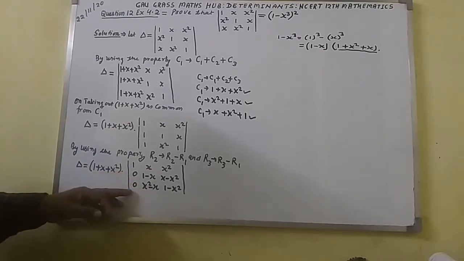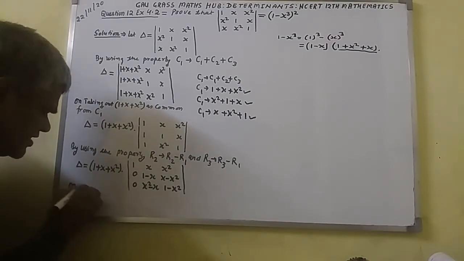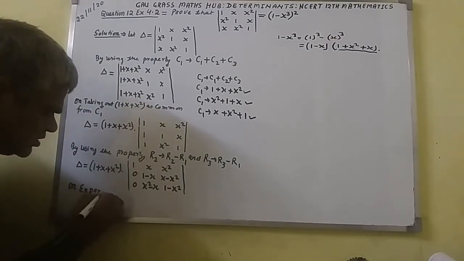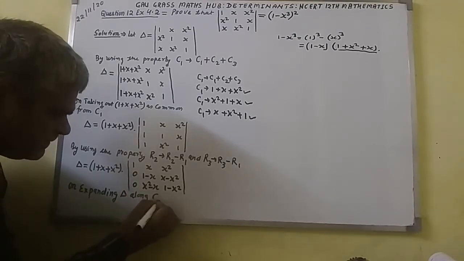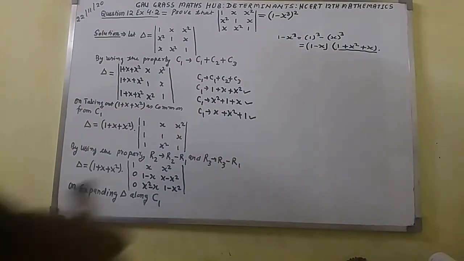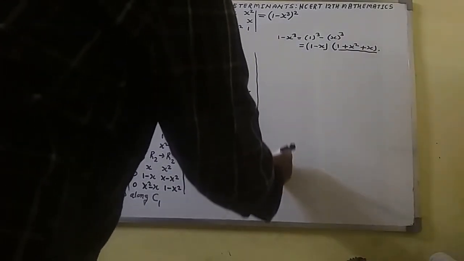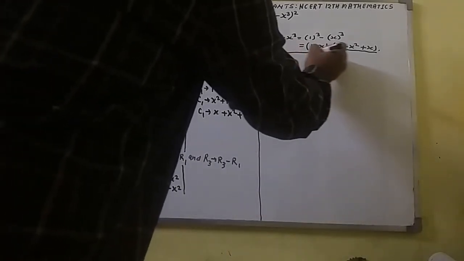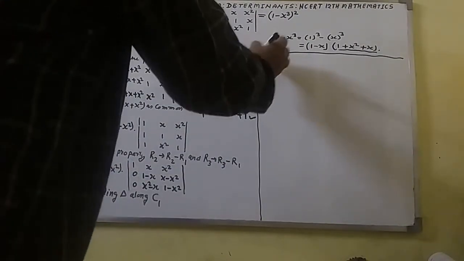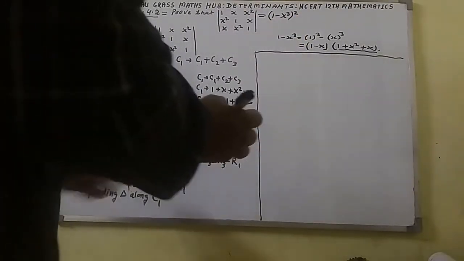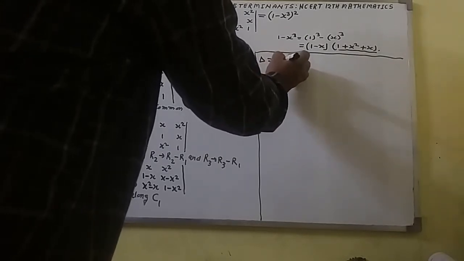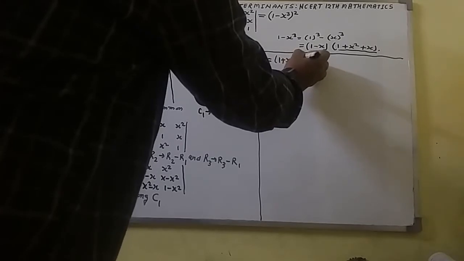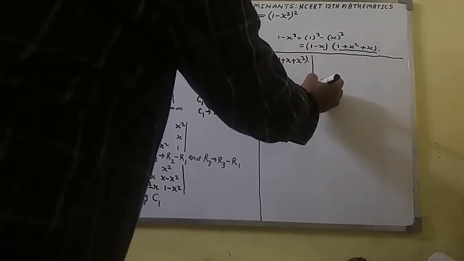So on expanding the determinant along C1, I draw a vertical line and write the same thing as given here: determinant equal to 1 plus x square in brackets.